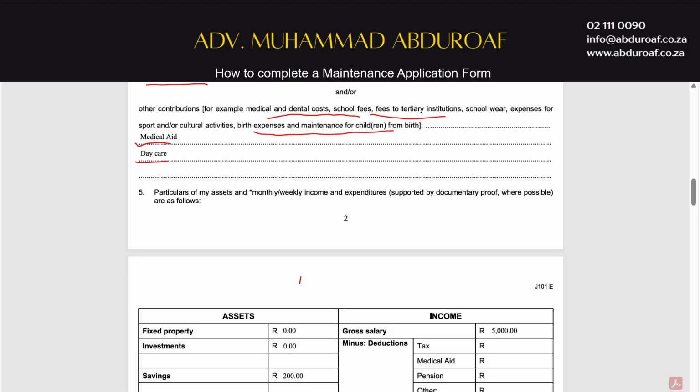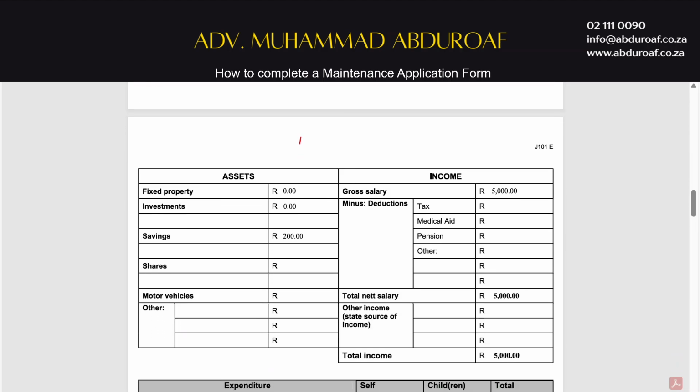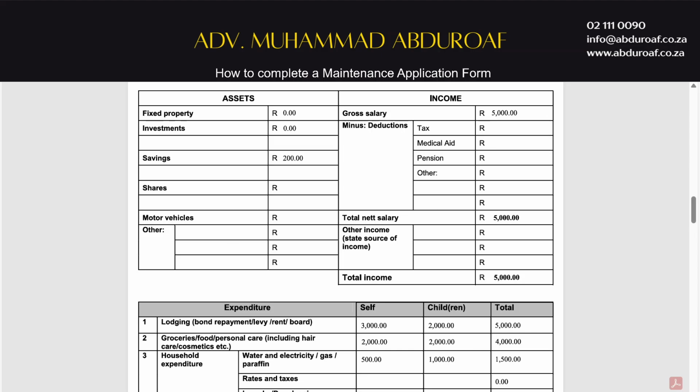And number 5, particulars of my assets, monthly income, or expenses, supported by documentary proof where possible. Okay. This is a challenging part to complete because, number one, I would say this form is a bit outdated.